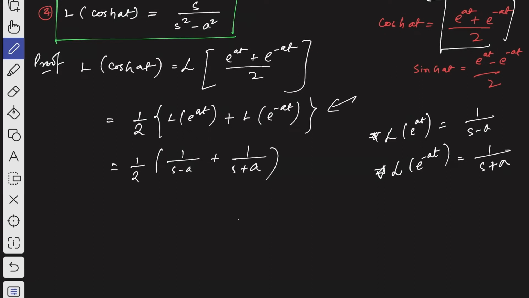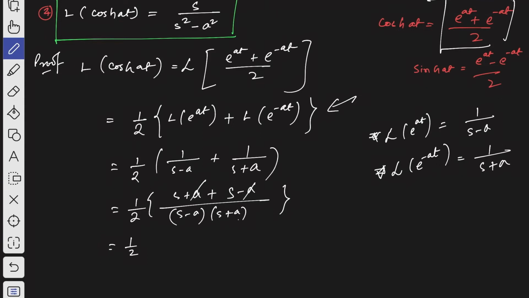So this is already known to us. So 1 by 2. Let us take LCM here. s minus a into s plus a, then s plus a plus s minus a. Here minus a plus a gone. So what we have got here, 1 by 2, s plus s twice s, and here a minus b into a plus b formula you can apply, that is a square minus b square.